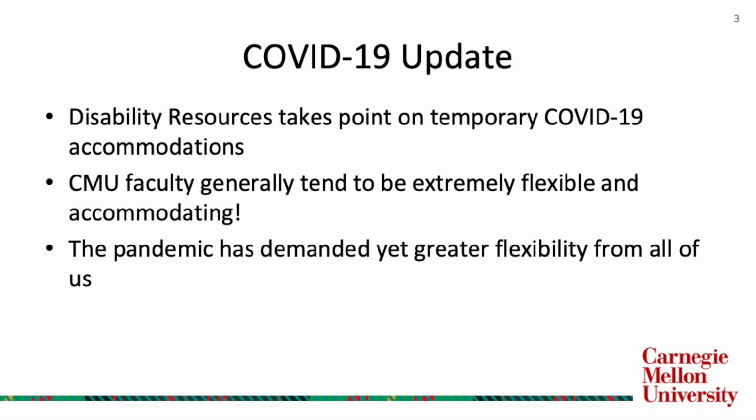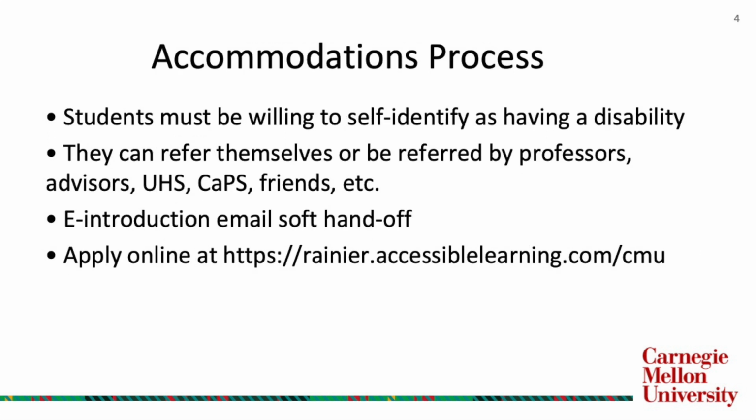I also want to say that Carnegie Mellon faculty are, as a rule, extremely flexible and accommodating, and I want to thank you all for that. And the pandemic, as you know, has demanded even greater flexibility from all of us. This is, as everyone likes to say, a really unprecedented time.